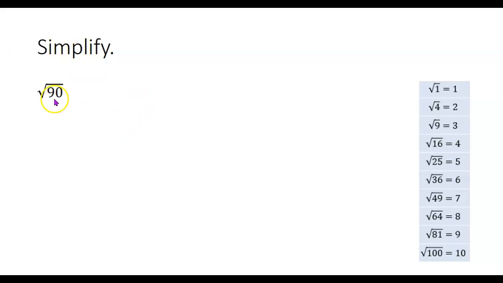So 90 is not a perfect square, but we can factor it, or break it up, into 9 times 10. And then the square root of 90 would be the square root of 9 times the square root of 10. And we can do something with the square root of 9. 9 is a perfect square, so the square root of 9 is 3. And then the square root of 10 isn't anything special, so it has to stay just the square root of 10.